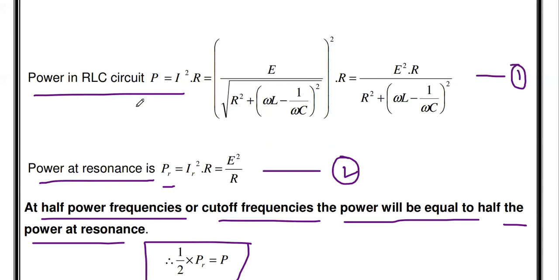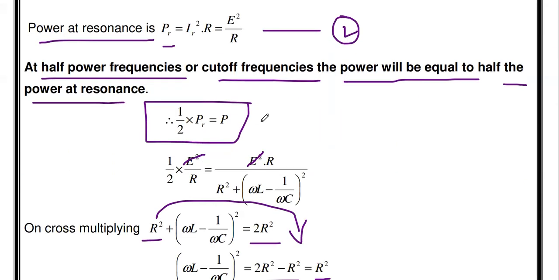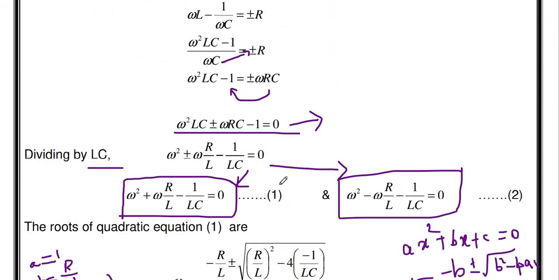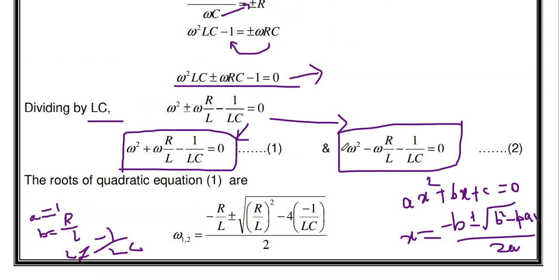To derive that, first we derived the total power at any frequency and the maximum power at resonance. According to the bandwidth definition, we equate the power to half of the maximum power and form a quadratic equation, and by solving it we get four roots.